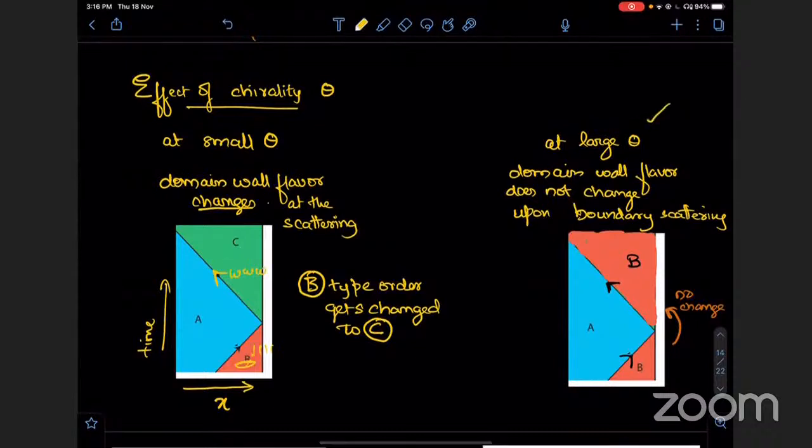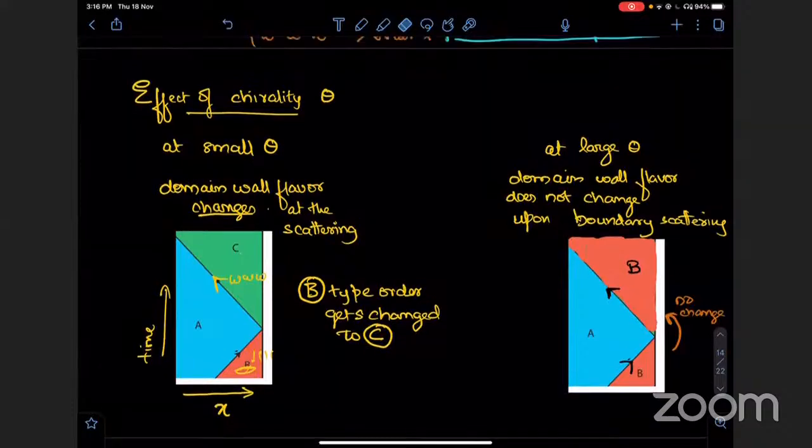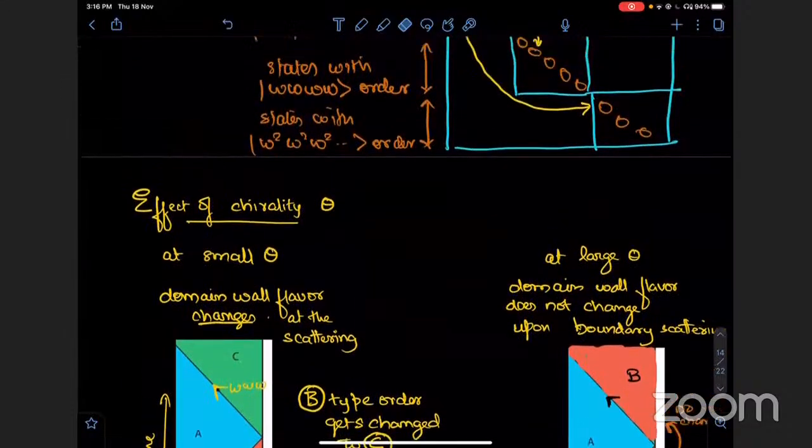However, at large theta, as we discussed earlier, the domain wall flavor does not change upon boundary scattering, and therefore there is no change in the ordering of the state after the domain wall passes through the system.